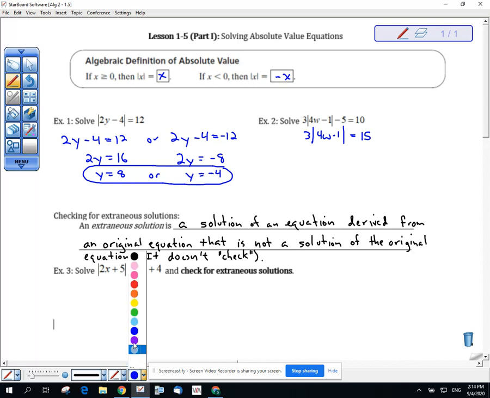Then you're dividing by 3, and yes, you can do that. The 3's here would cancel. I'm going to try to save space here, so I'm not actually going to keep that, but that is what we're doing. So the right side would become 5, and the left side we're just left with 4w minus 1 in that absolute value.